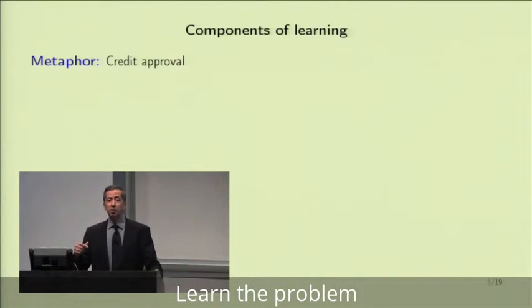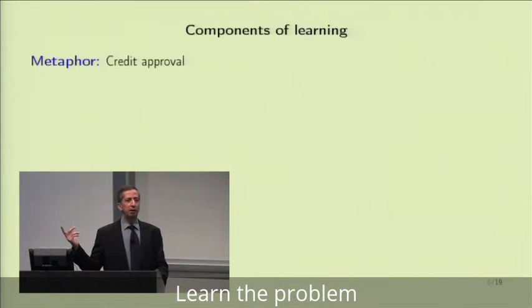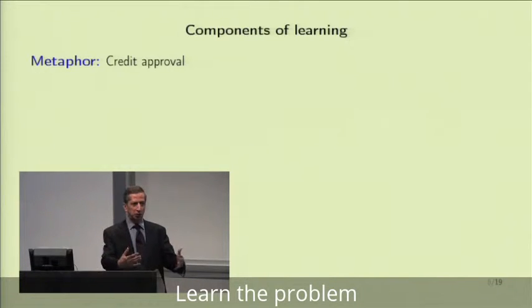Now, very much like we didn't have a magic formula for deciding how a viewer will rate a movie, the bank doesn't have a magic formula for deciding whether a person is creditworthy or not. What they are going to do is rely on historical records of previous customers and how their credit behavior turned out, and then try to reverse engineer the system, and when they get the system frozen, they are going to apply it to a future customer.